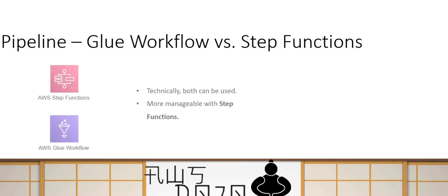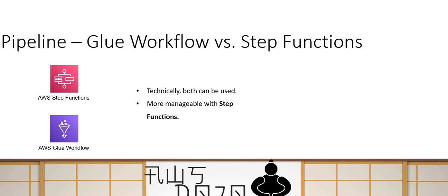First thing, Glue workflow or Step Function. Technically both can be used, but I will recommend going for Step Functions, because when you're trying to go for parallelism and dependency, it is much easier to manage in Step Functions than in a Glue workflow. Plus, another thing which I have seen in ETL pipelines, it is not all about just running crawlers and Glue jobs.